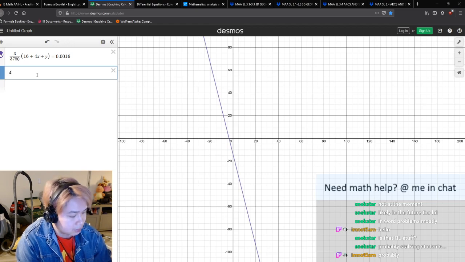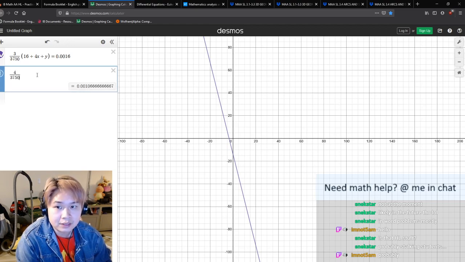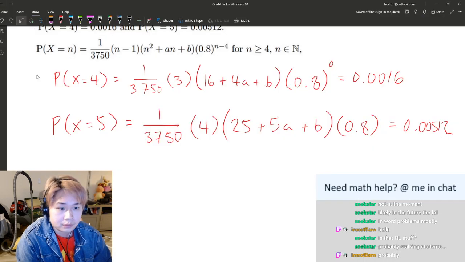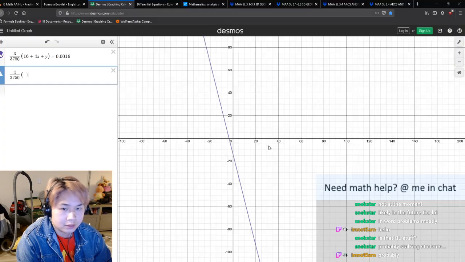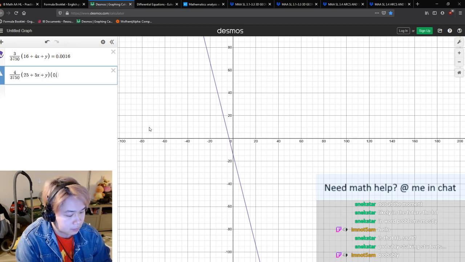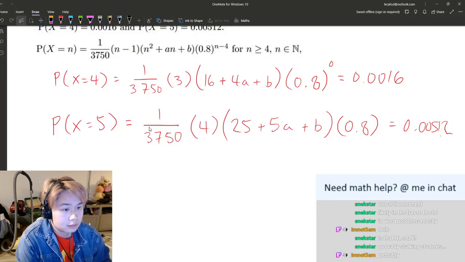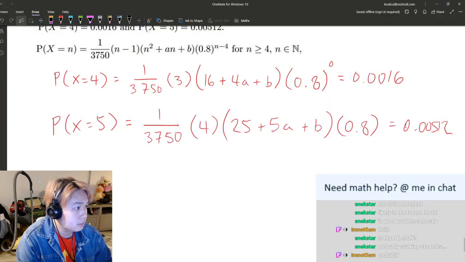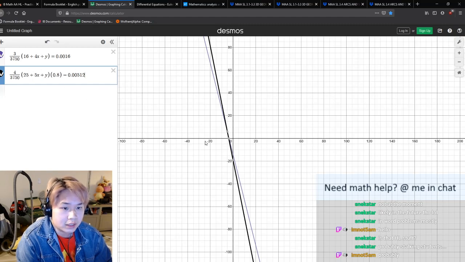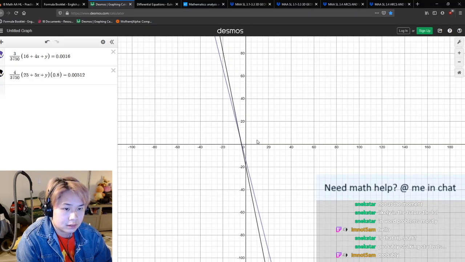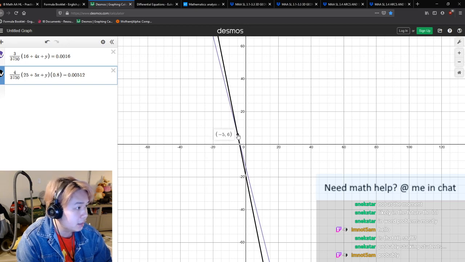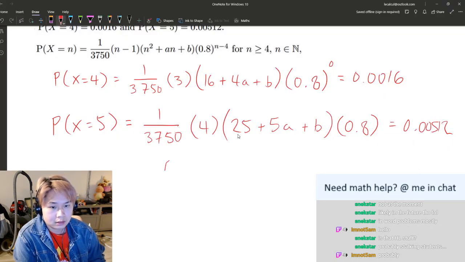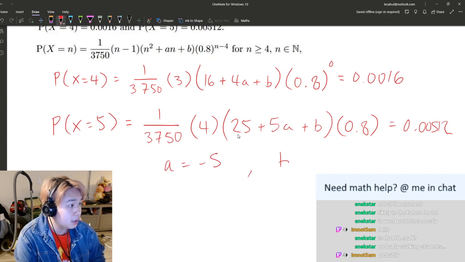And then 4 over 3750. And then all of this stuff. Okay, so let's see where they intersect. Right here, at -5 and 6. So A is -5 and B is 6.